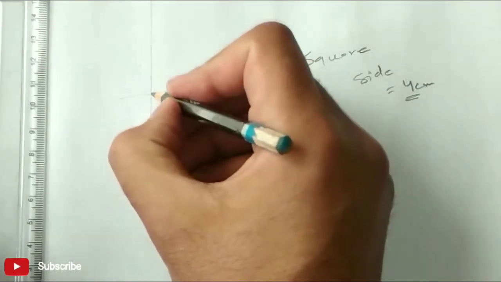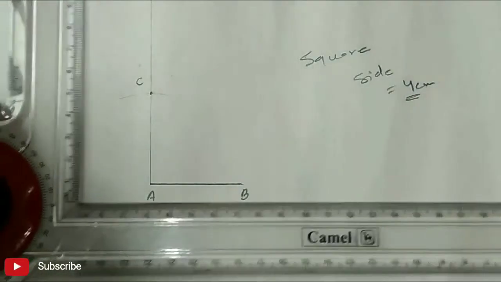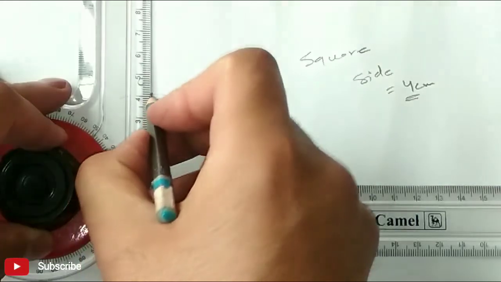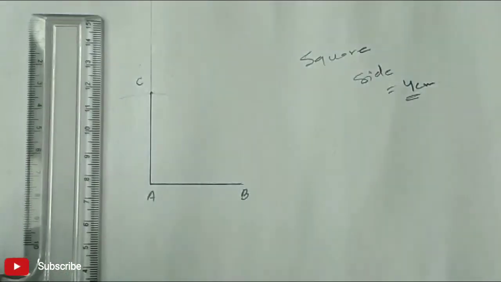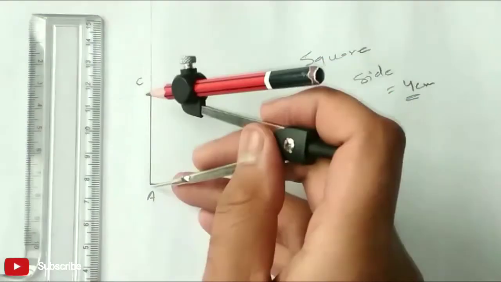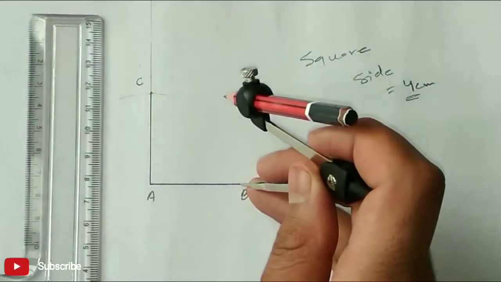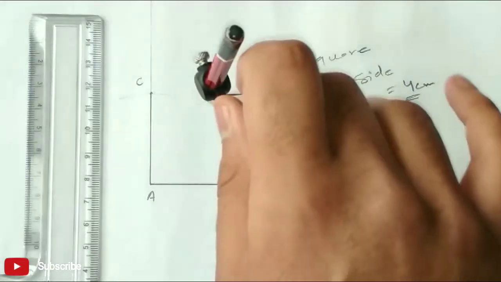I will mark that point and name it as point, let us suppose, C. Next I will make this line AC a dark one, because this represents another side of my square. So here it is. Next, I will take this compass with the same radius equal to AB, and I will place it at point B and draw a dim arc.